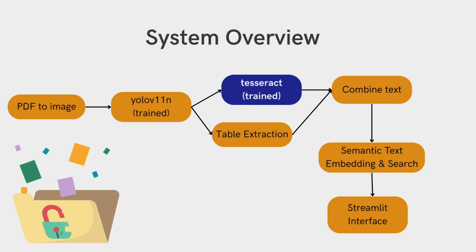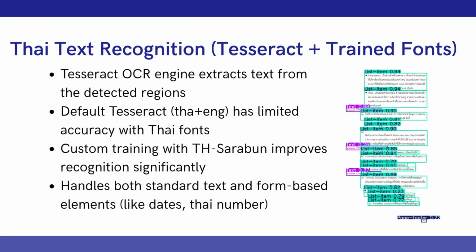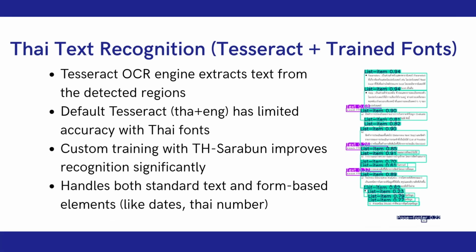Next, moving on to Tesseract. For the Tesseract step, we use Tesseract to read the image. The normal Tesseract is not very good with Thai fonts, so we train it using a very famous font for documents called Thai Sarabun.